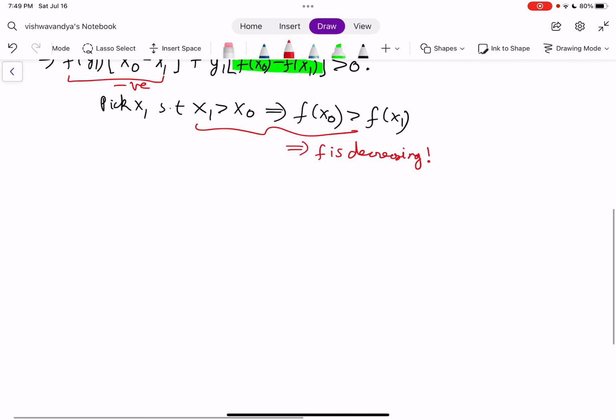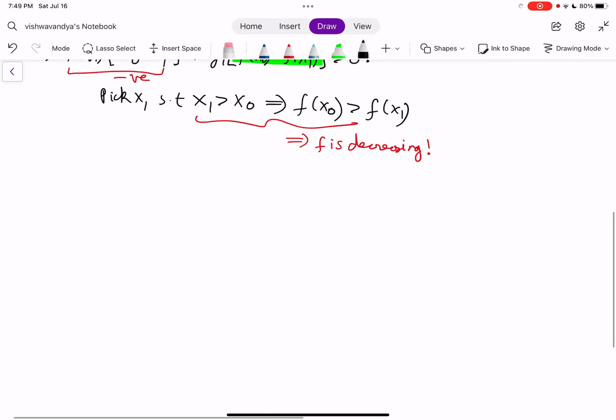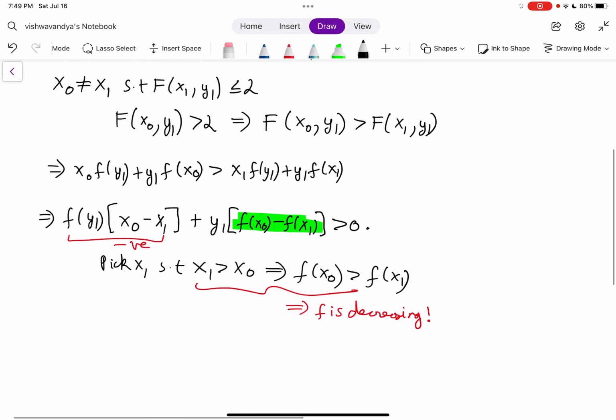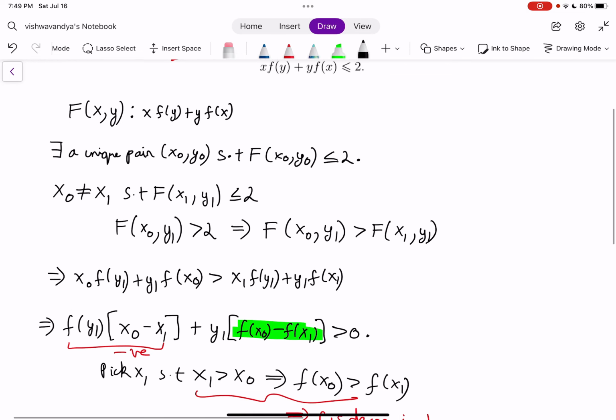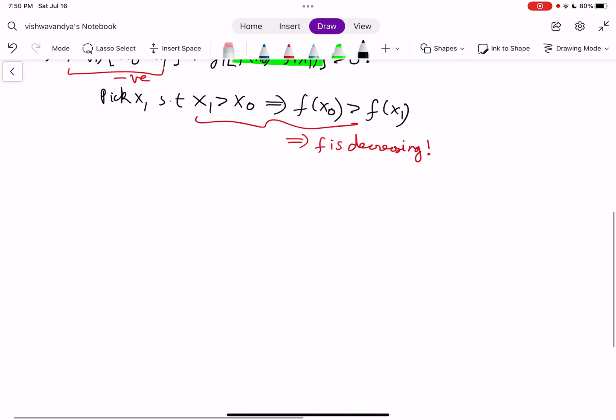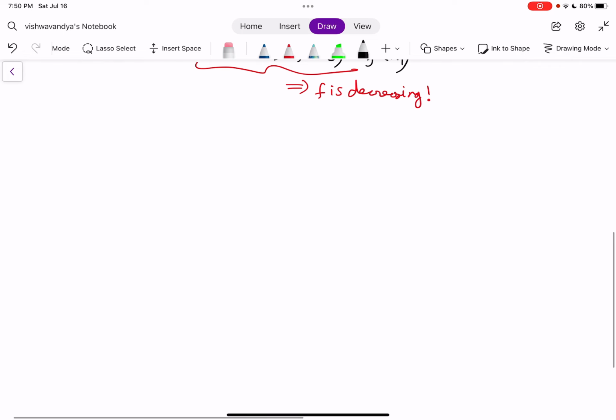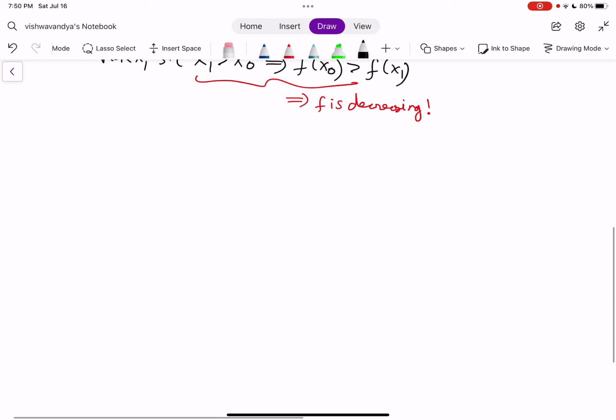So okay, now we have f is decreasing. The next thing I'm going to do is take the original assertion, and let's take a y prime, some fixed real number, such that y prime is greater than x0 and y prime is not equal to y0.